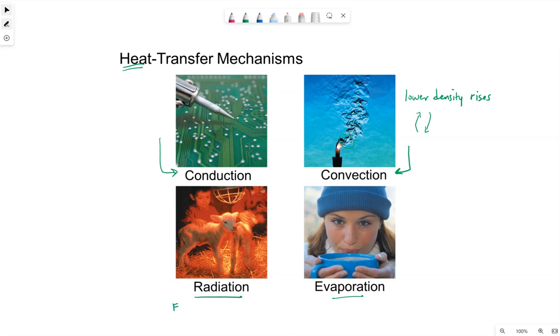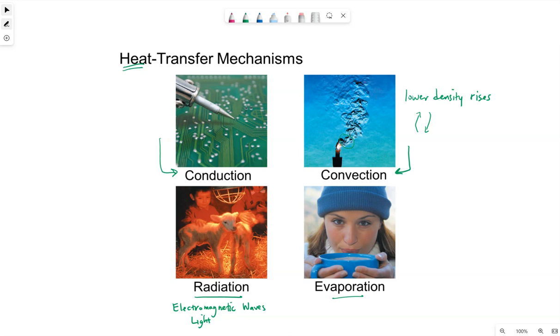Radiation are what we call electromagnetic waves. Light is a general term we use for that. Typically, when we talk about light, we specifically mean visible light. But there is a whole spectrum.